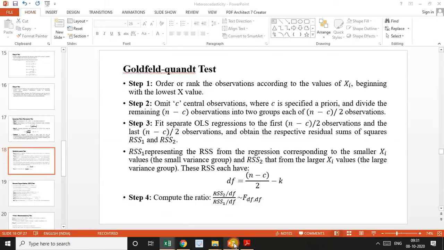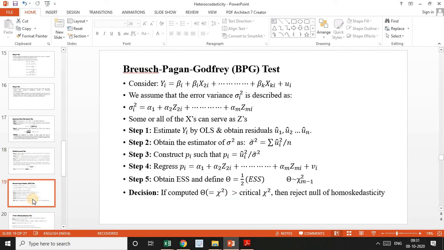So this is all about the Goldfeld-Quandt test. Similarly, there are two more tests. The first is the Breusch-Pagan-Godfrey test, better known as the BPG test. This is the most used test in research, especially in empirical analysis.